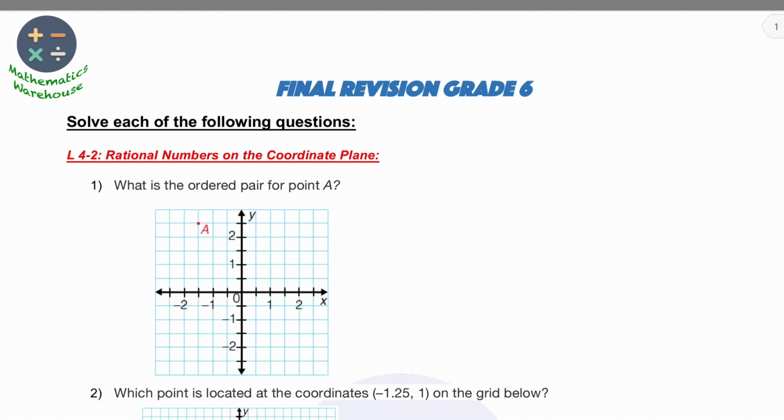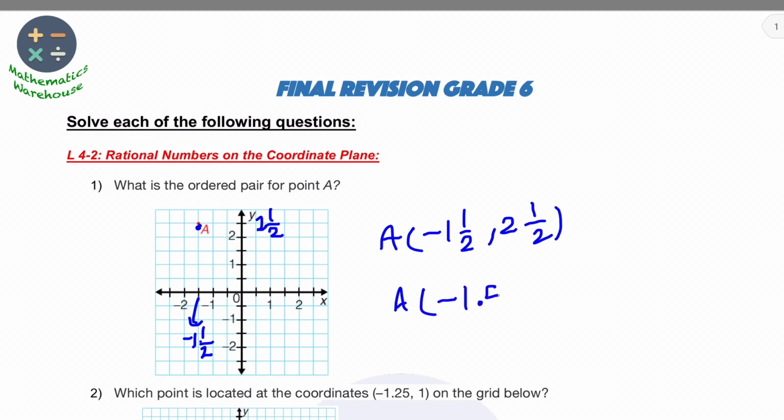So now, as you notice, the point A located here, its x coordinate is -1.5 and y coordinate is 2.5. So point A is (-1.5, 2.5).